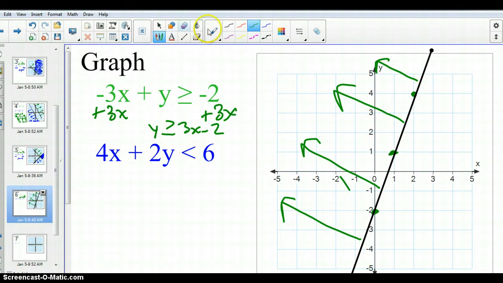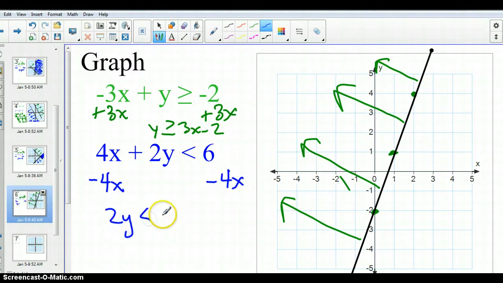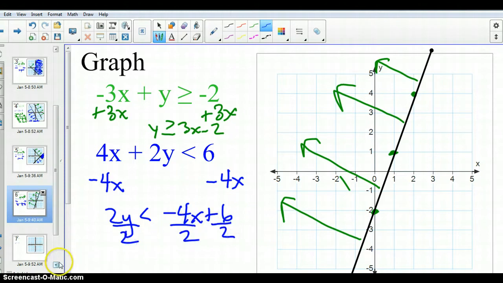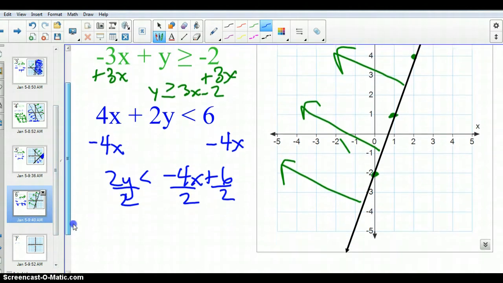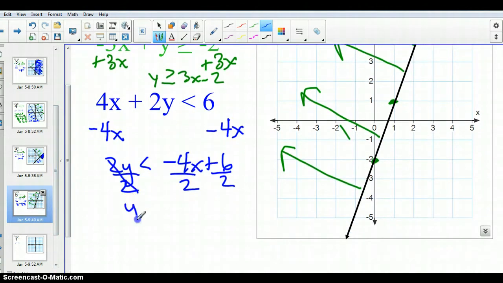For this one, I have a couple steps. I would subtract 4x first. So I have 2y less than negative 4x plus 6. Then divide everything by 2. You could have found your x and y intercepts. That's fine. But since we've been graphing in slope-intercept form, I'm going to stay working with that. So my y-intercept is 3.